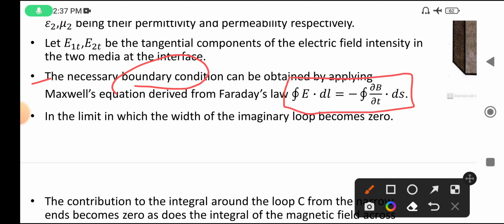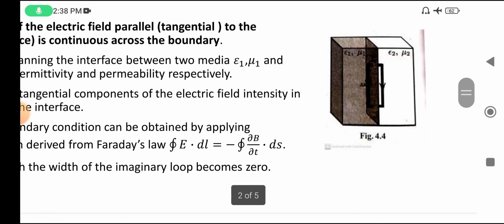It is the Maxwell equation in integral form, derived from Faraday's law: the integral over a closed loop of E dot dl equals minus the integral of dB by dt dot ds. Here dl is the length and ds is the area of the closed loop. So for this we have to take a closed loop.